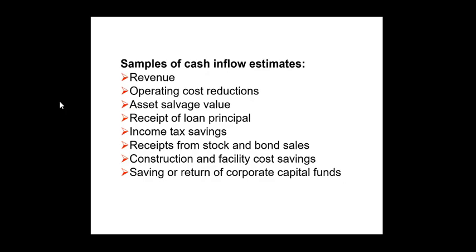So the contents of cash flows depend on the characteristics of the project. For example, first we have to calculate the revenue, the money we receive from selling products. In order to find the revenue, we use the quantity of products and the market price.